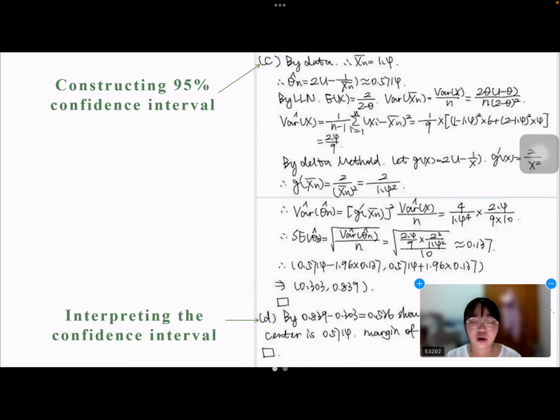And part C is about the confidence interval. We have already known how to do that. There are steps.